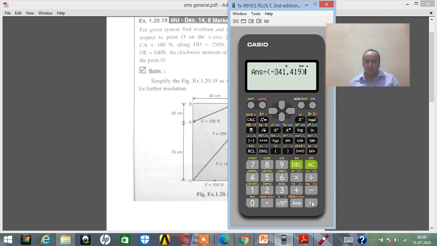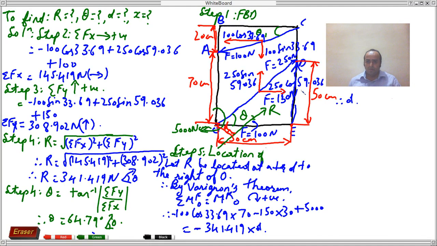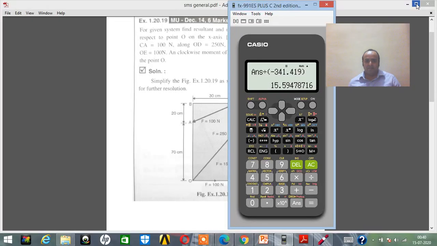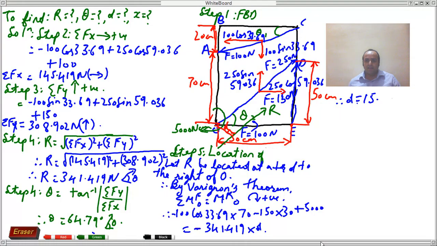This is done. So the value is D is equal to 15.594 centimeter. D is positive, that means our assumption is right, 15.594 centimeter to the right.